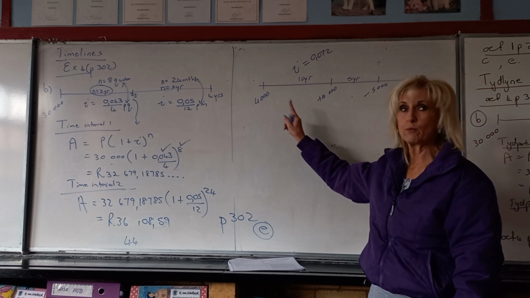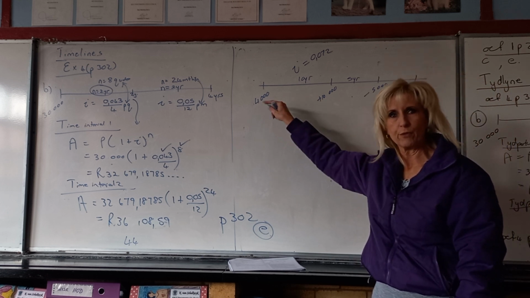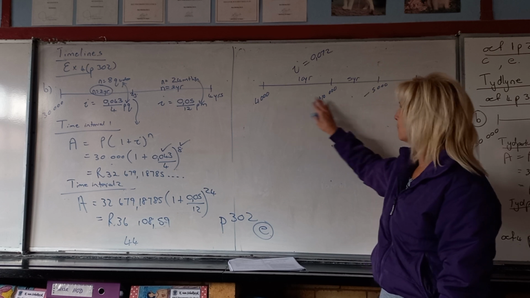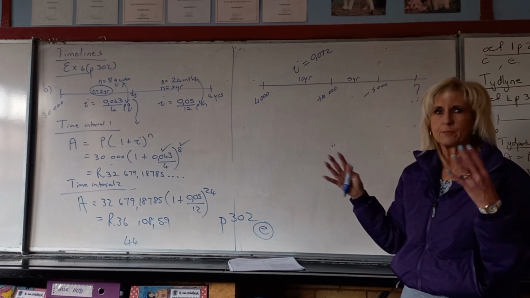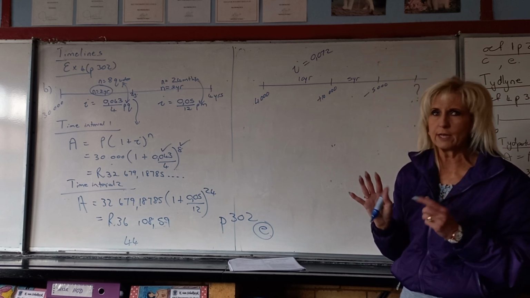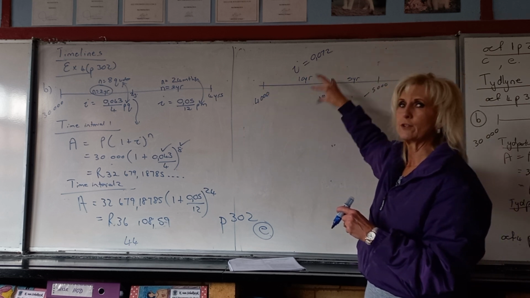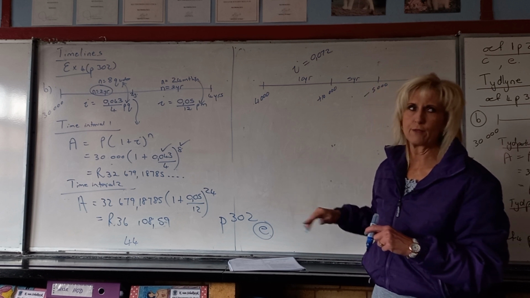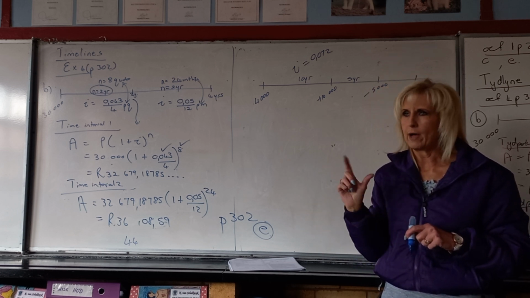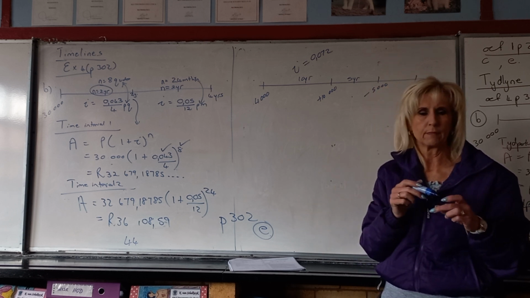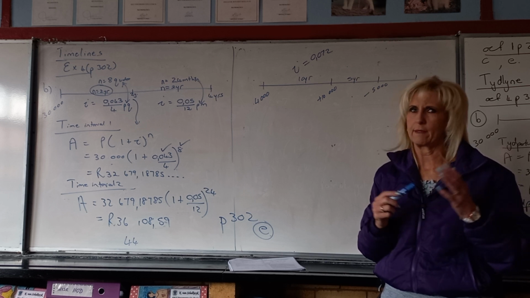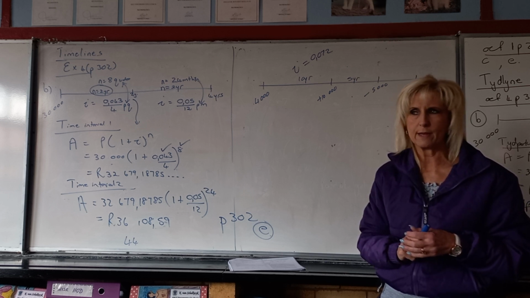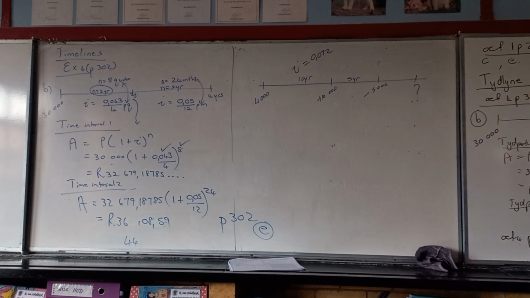You cannot just take the amounts and subtract them and do one sum, because there was interest here and interest there and interest there. So time interval 1, 2, and 3. And there's not even any semi-annual, quarterly, monthly, anything like that. That's the only homework sum.